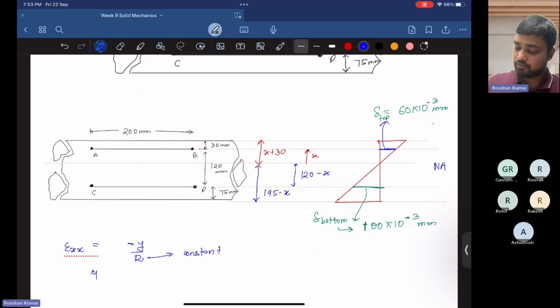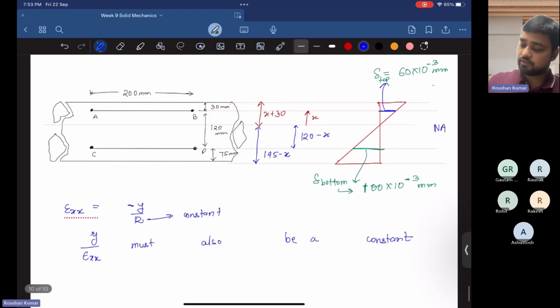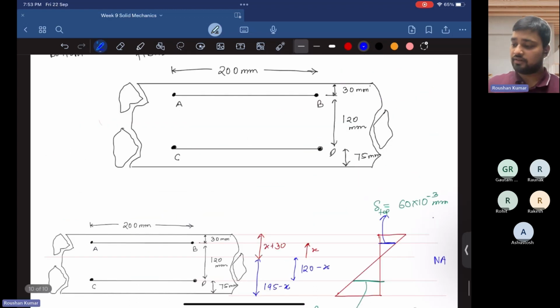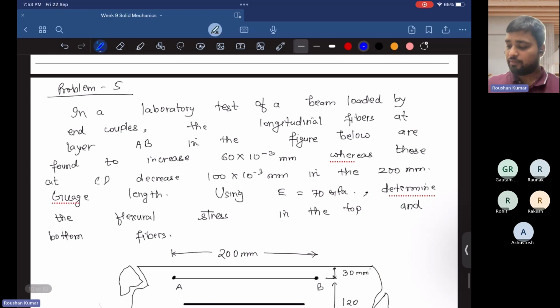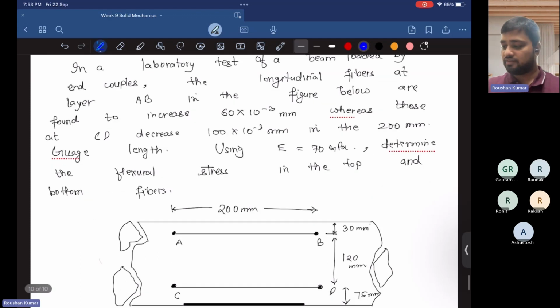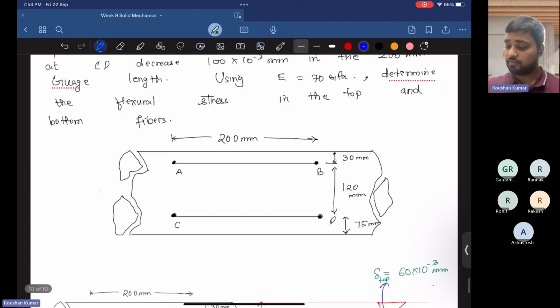So the ratio y upon epsilon xx must also be a constant. Here it is mentioned in the question that longitudinal fiber AB increases by 60 into 10 to the power minus 3 mm and CD decreases by 100 into 10 to the power minus 3 mm.